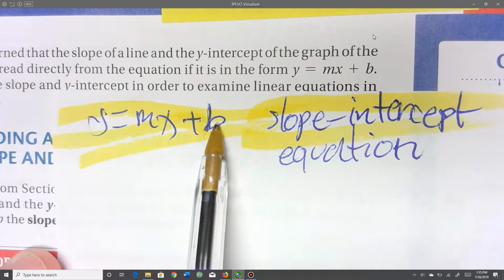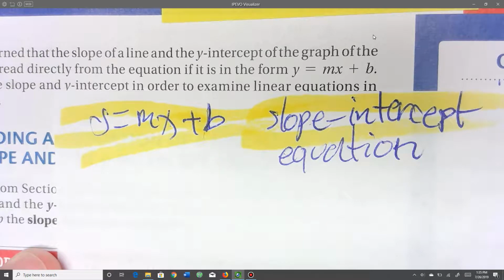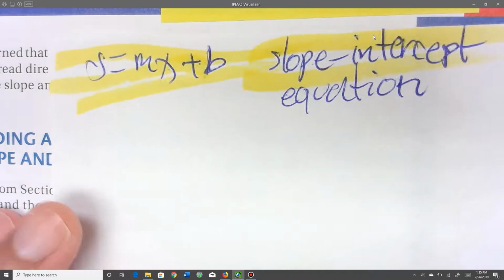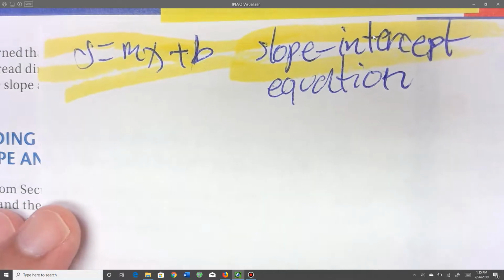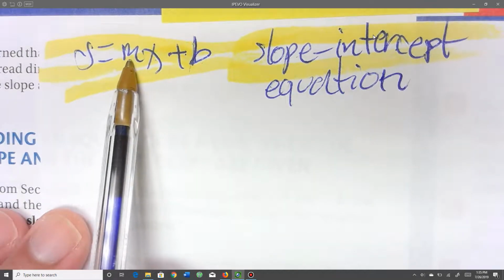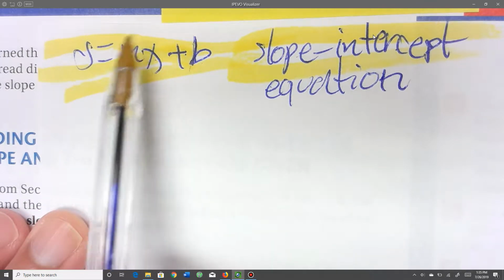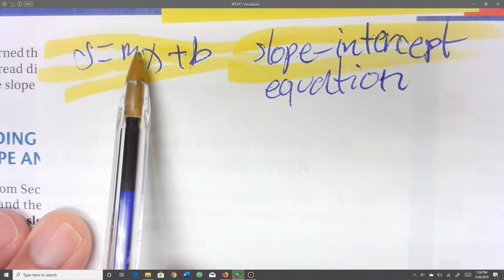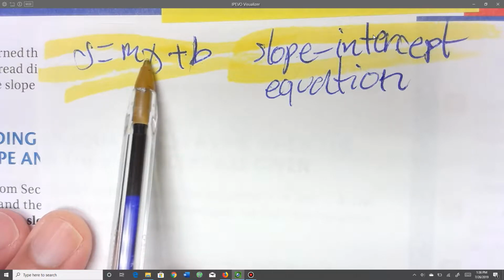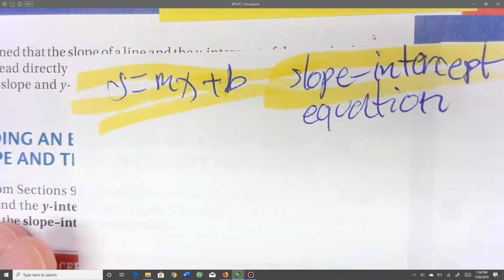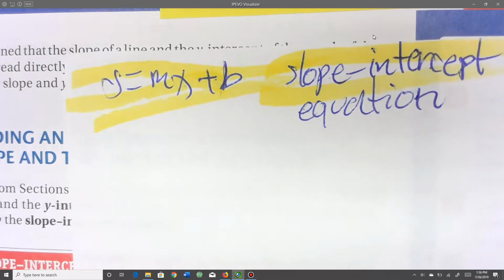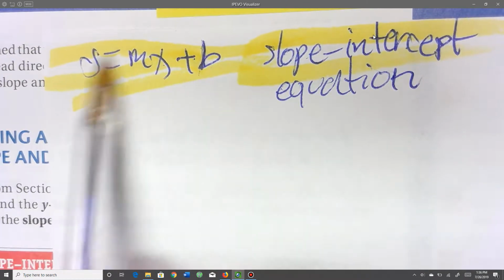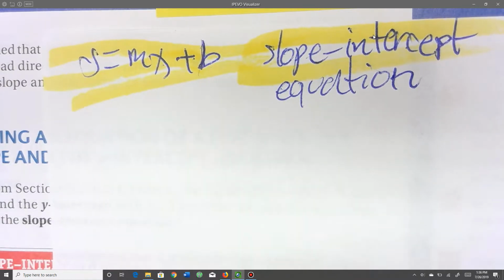See, with the y-intercept, in other words, the ordered pair (0, b), we can plot one point, and then with the slope we can either move up or down or to the left or to the right and be able to plot another point. Okay, and you'll see what I mean in the next section. Not in this section though. In this section we are going to focus on this form of the equation.